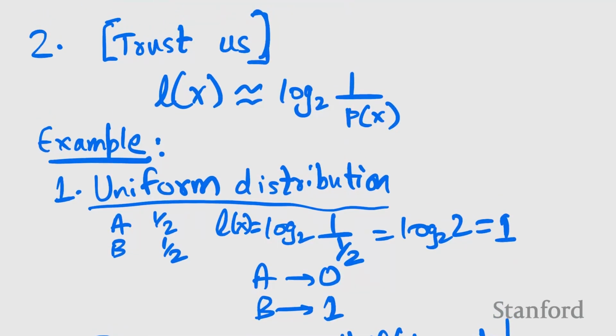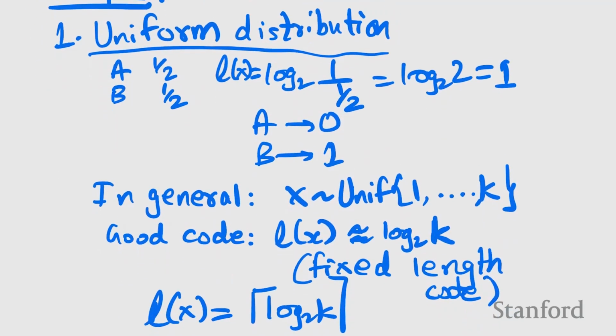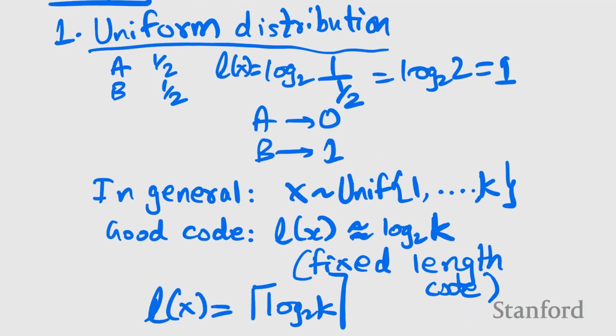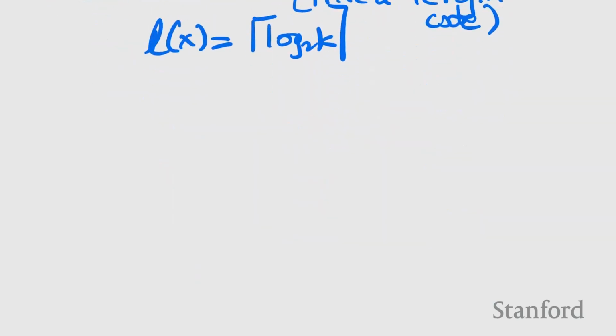For our fixed length code, you can actually achieve it. And you also see that for the uniform distribution, it's a good code. In general, it need not be a good code, but for the uniform distribution, which intuitively makes sense, since all of the symbols have the same probability, you want them to have the same code word length, and the code word length must be this thing. Please raise hand, any questions?